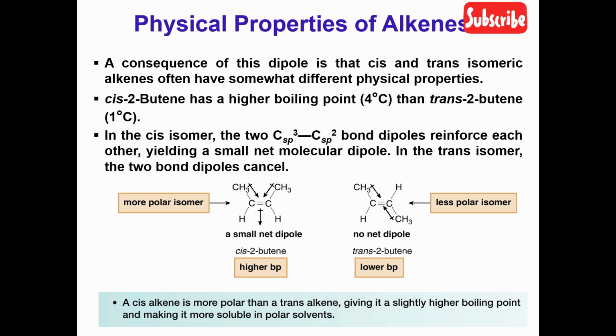While in trans, the substituents are opposite, thereby cancelling each other and giving no net dipole, which is the reason why cis has a higher boiling point than trans.